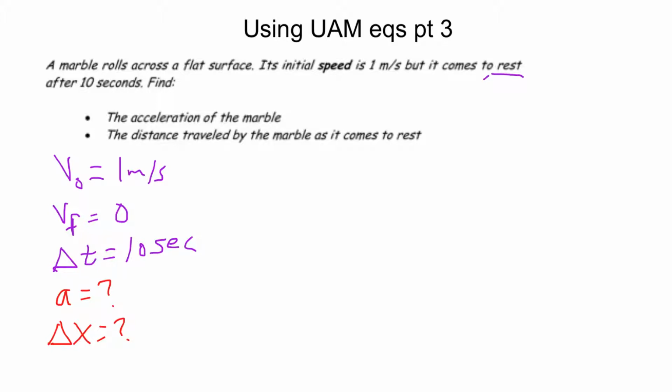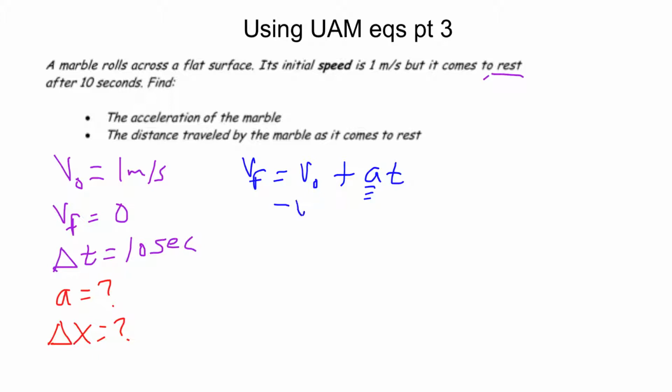Alright, so let's do one at a time. How about we figure out what the acceleration is? So we need to pick an equation that has only those 4 variables and nothing else. So that looks like it's going to be final velocity equals initial velocity plus acceleration times time. And we want to figure out what the acceleration is.